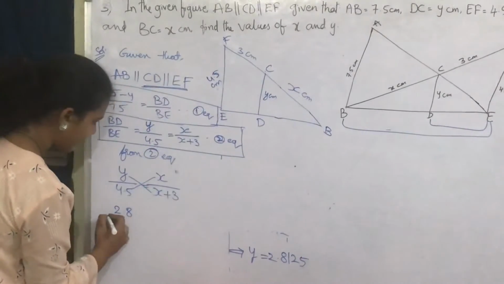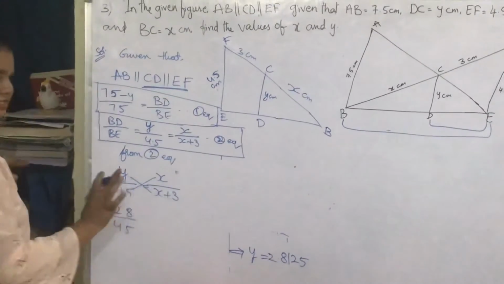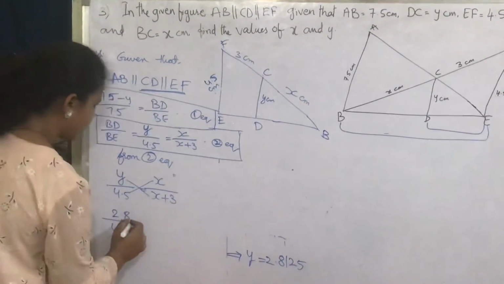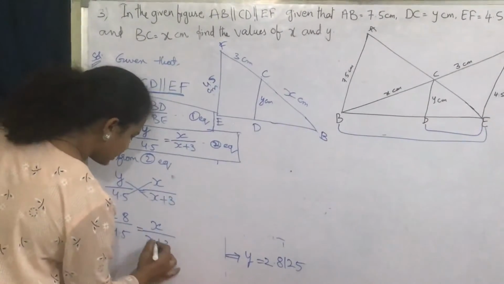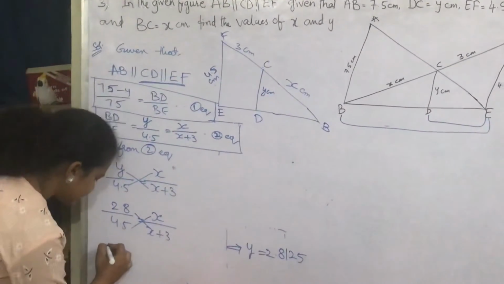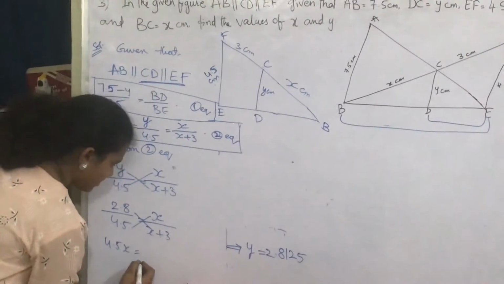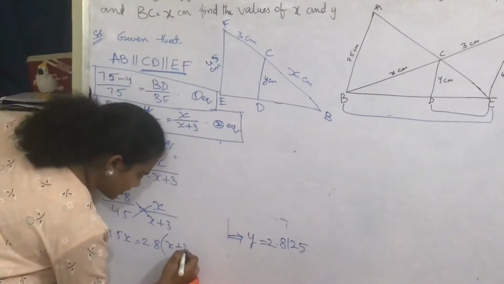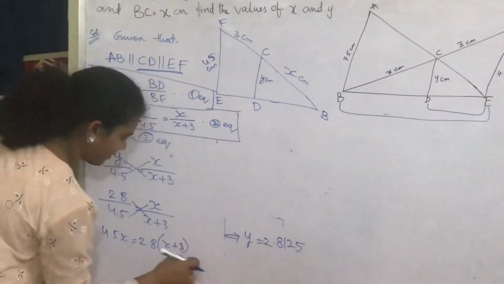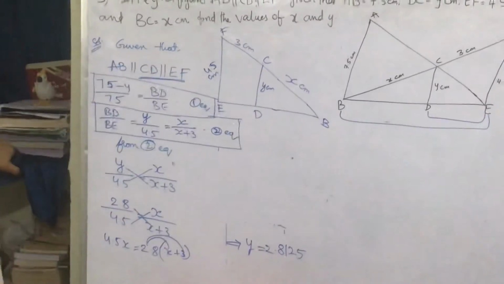I can take 2.8 by 4.5, so I have replaced the y value over here. 2.8 by 4.5 equals to x by x plus 3. By cross multiplication, I can say that 4.5x equals to 2.8 into x plus 3. Now 2.8 into x and 2.8 into 3.